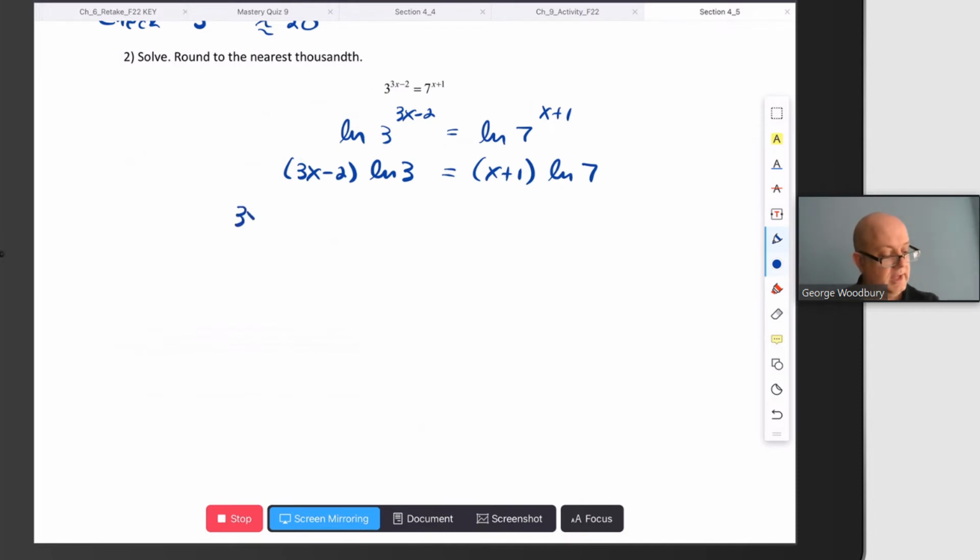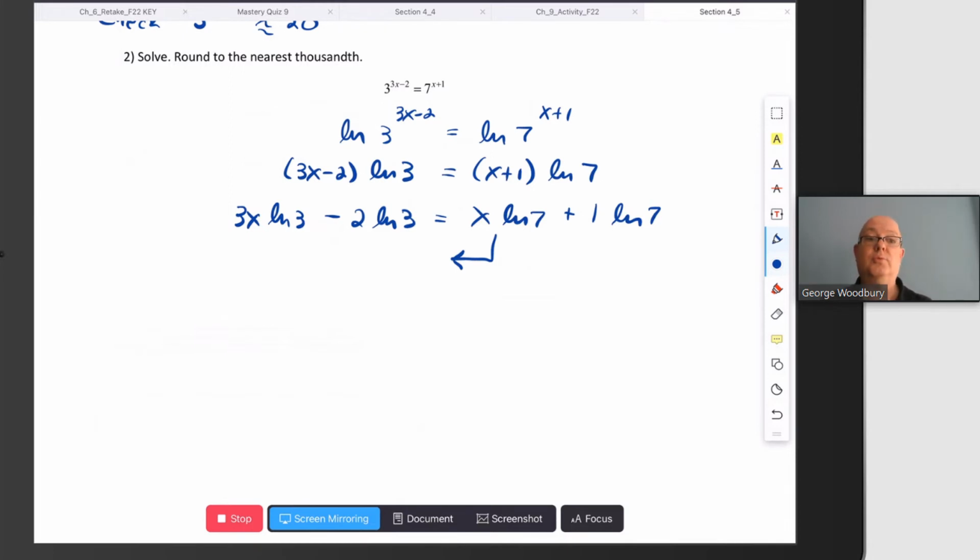So 3x ln 3 - 2 ln 3 = x ln 7 + 1 ln 7. And that 1 we don't really need. I need to get all the terms containing x to one side. I'm going to move them to the left, so I'm going to subtract this one over to the left-hand side.